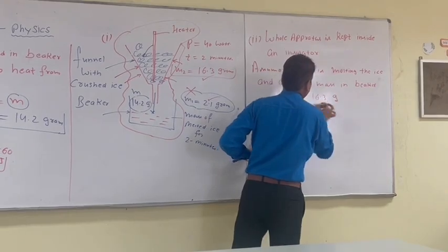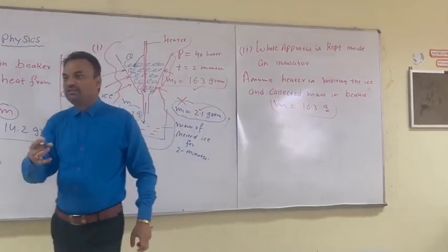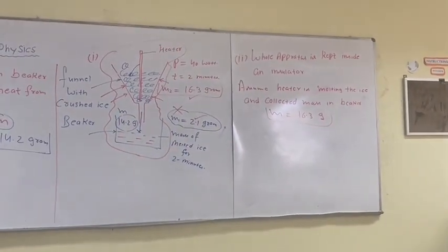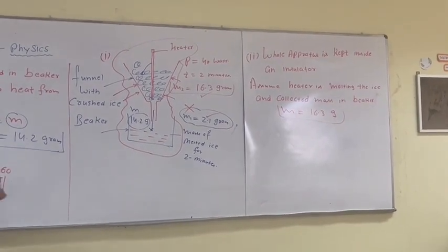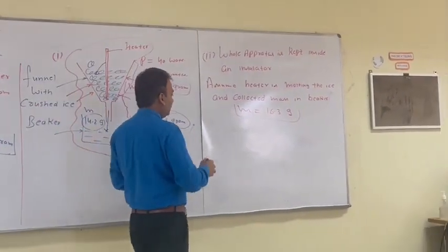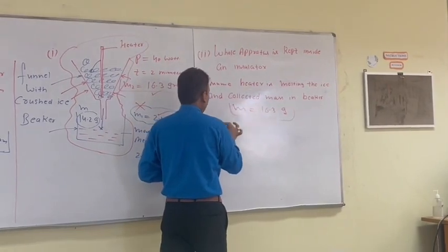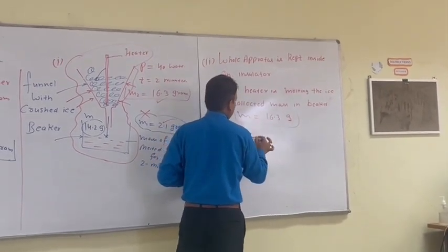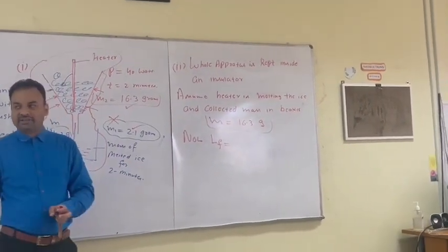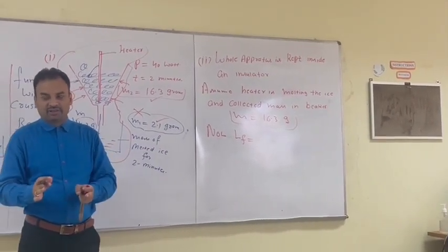Again, we assume the same mass. We are just assuming. It may be less or it may be more, right? But we are assuming the same mass is collected. So now the latent heat LF, right? Same heater, everything is the same, we are just placing it inside the insulator.